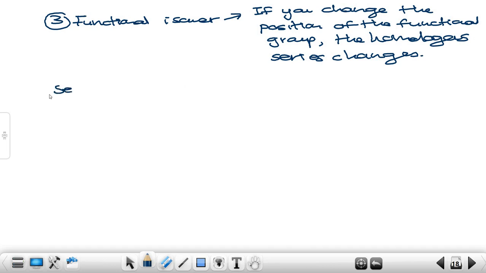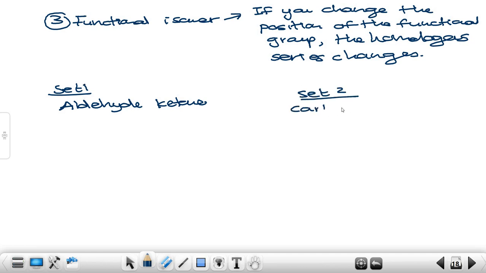The first set is aldehyde and ketone. And our second set is carboxylic acids and esters. So if the functional group changes between a carboxylic acid and an ester, it is a functional isomer. Aldehyde and ketone, it is also a functional isomer.